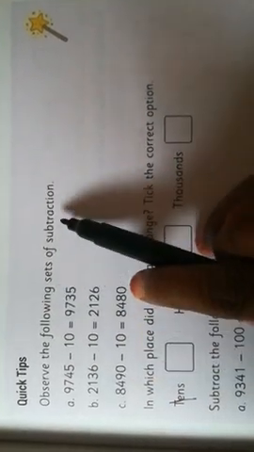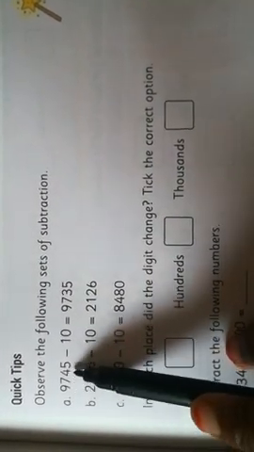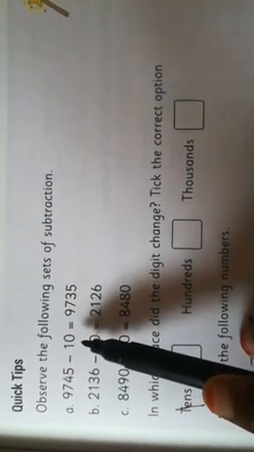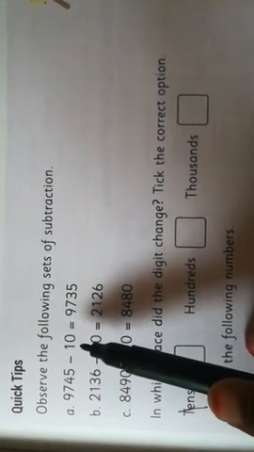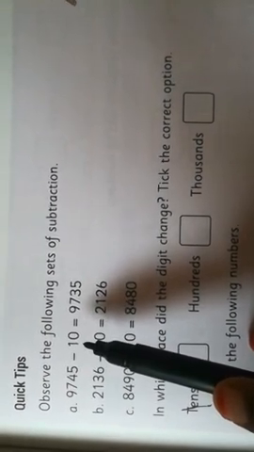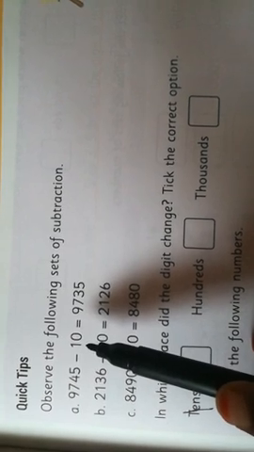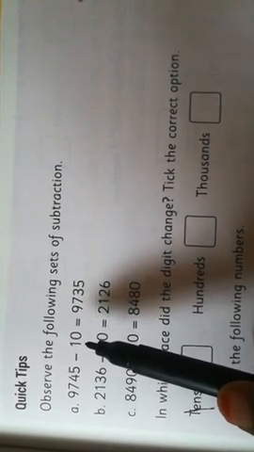Next quick tip. Observe the following sets of subtraction. See option A, 9745 minus 10. Just as in addition, when we add 10 to the number, there is a change in tens place.